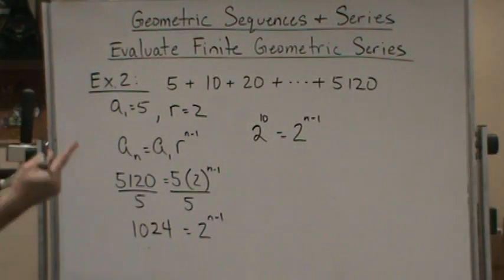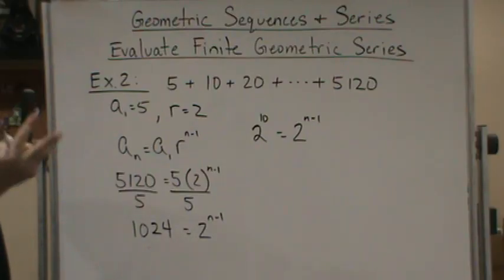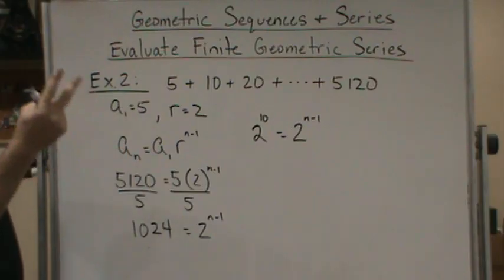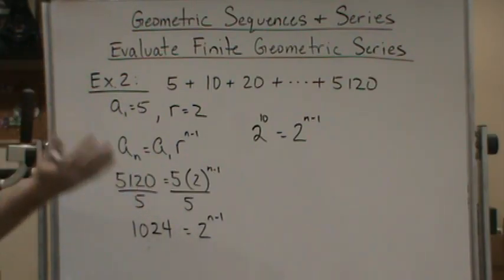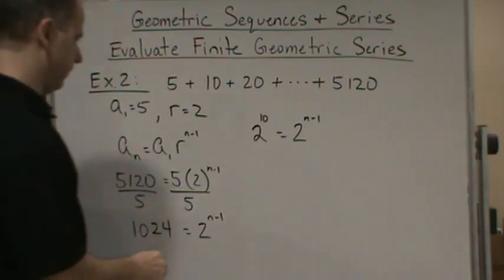So if you do that: 2, 4, 8, 16, 32, 64, 128, 256, 512, 1,024. So that's 10.